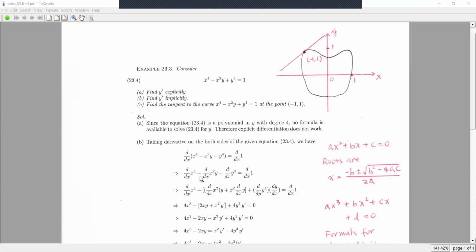By the product formula, this derivative is equal to derivative of the first function, x squared, times the second function, y, plus the first function times derivative of the second function. About the third derivative, we cannot compute it directly because x and y are different.